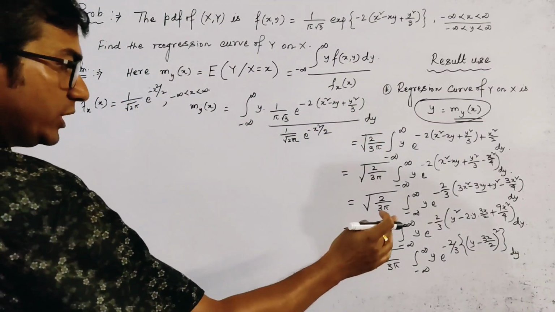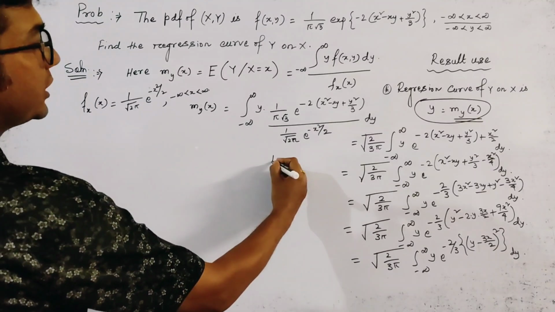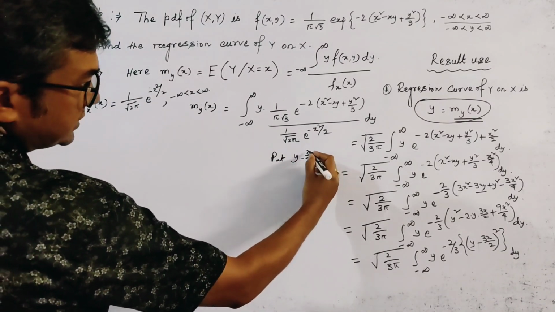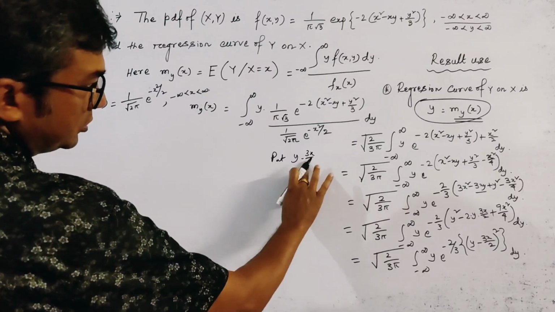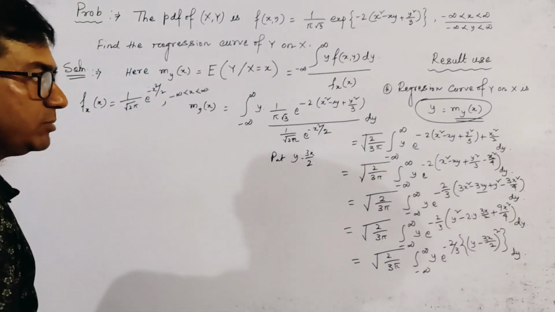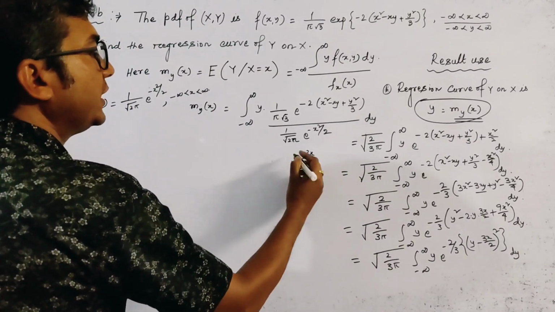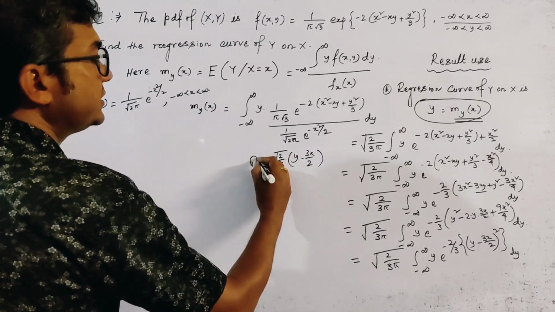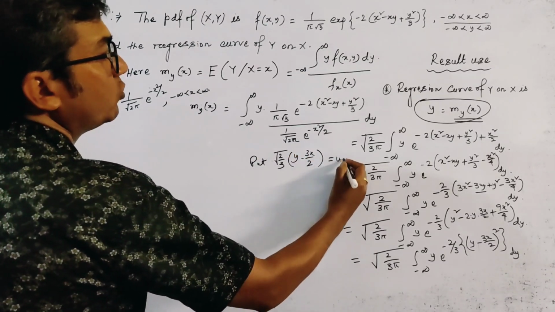Okay, now to integrate this, we put here y minus 3x by 2, into root 2 by 3, this is given by u.